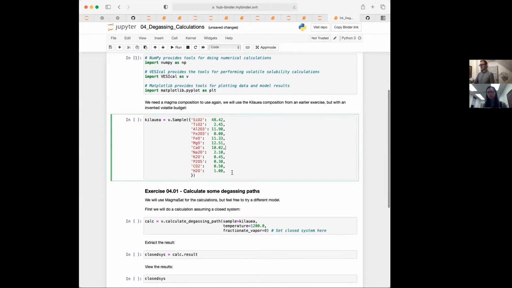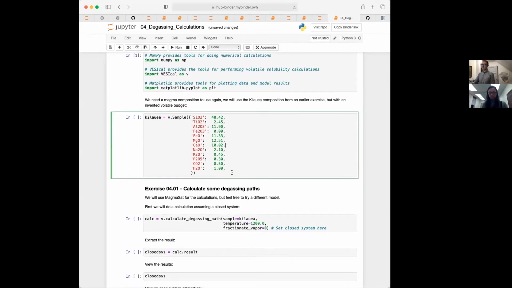And now we're going to give it the same composition that we used earlier, but I am inventing some concentrations for CO2 and water, because the melt inclusion composition we used earlier had already done a lot of degassing, I think.